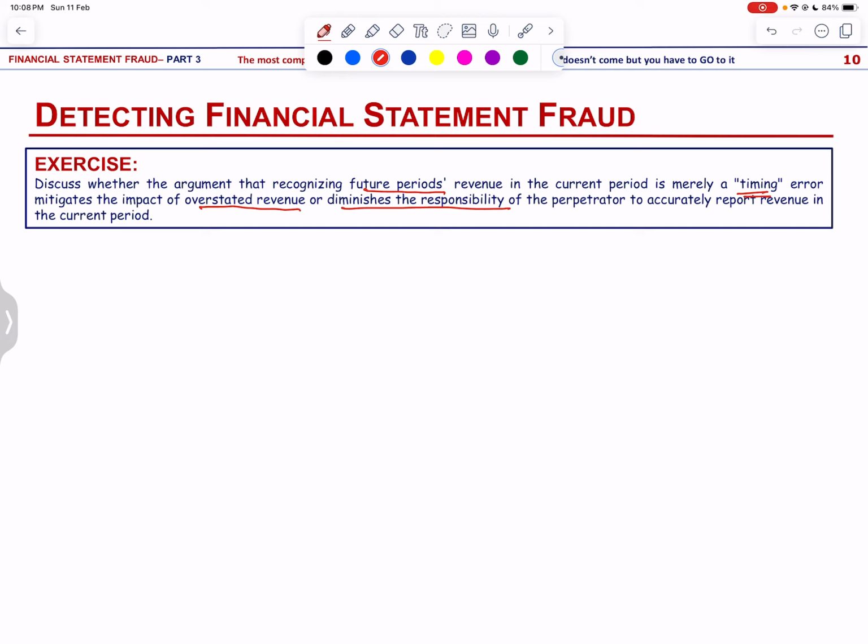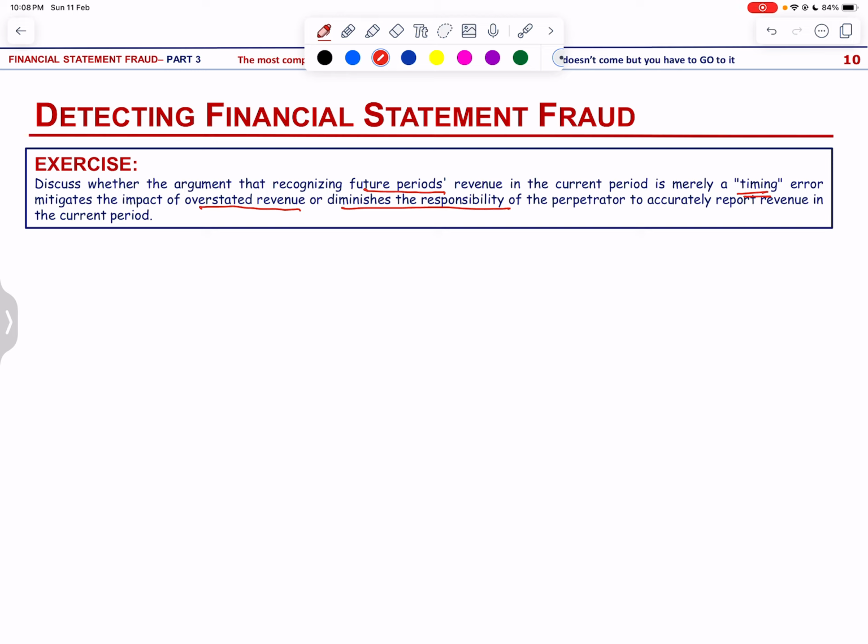This discrepancy often leads to a temporary increase in the stock price in the current period, followed by a subsequent decline when the true financial condition is revealed. Shareholders who purchase stock during the inflated period face the risk of financial loss as the stock price adjusts downward after the artificial spike in revenues and earnings.